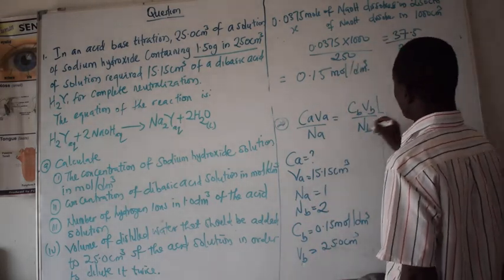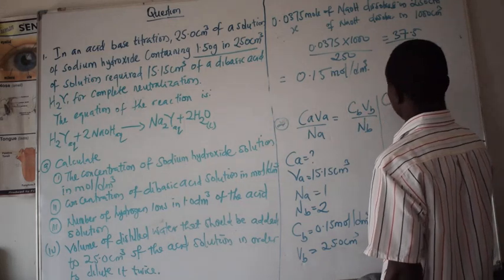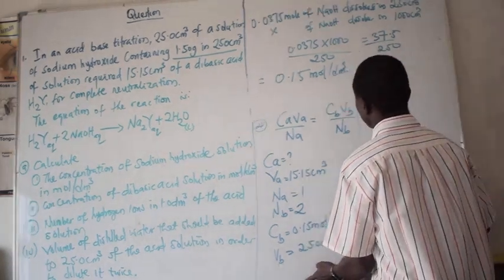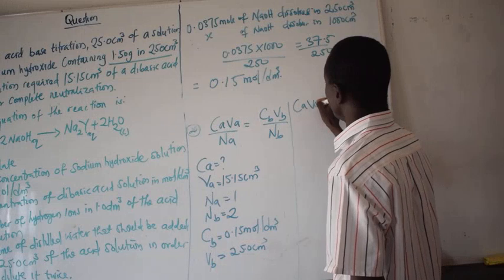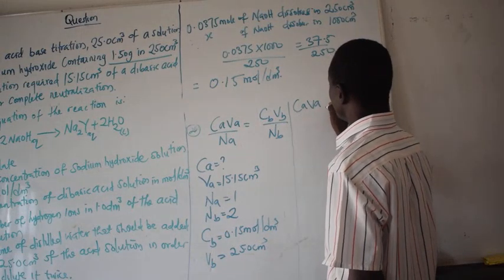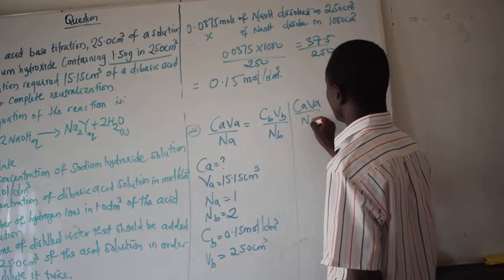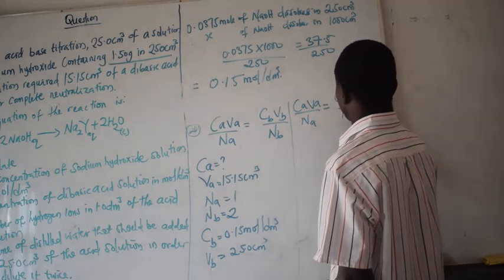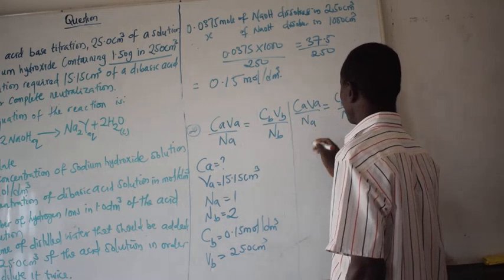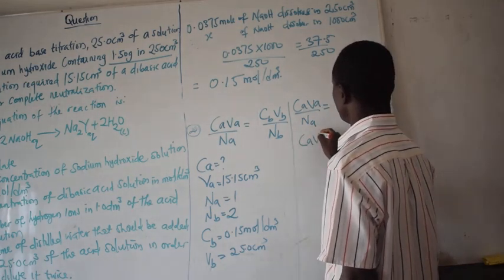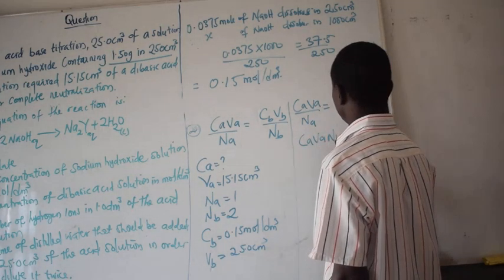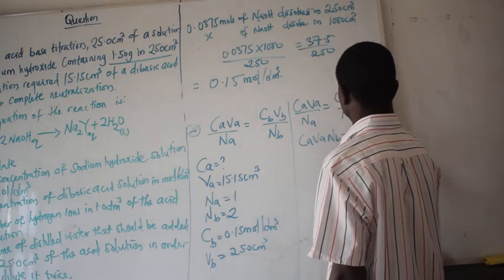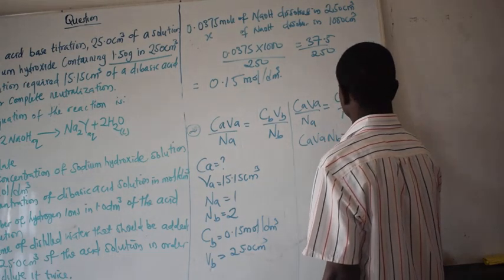Ca over Na is equal to CbVb over Nb. So we cross multiply: CaVa Nb is equal to CbVb Na.